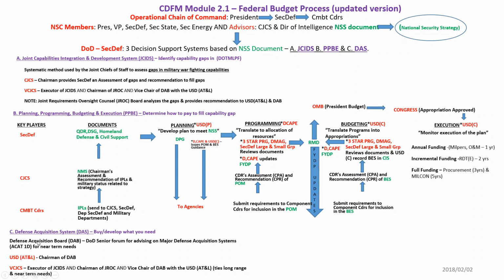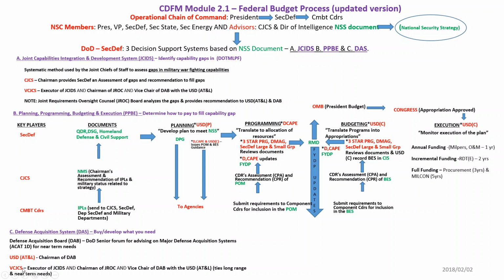So the Defense Acquisition Board, just like you had the JROC board or council up here, in the Defense Acquisition System, you have the Defense Acquisition Board. The chairman of the Defense Acquisition Board is the Undersecretary of Defense for Acquisition, Technology, and Logistics. Is the chairman of the DAB.